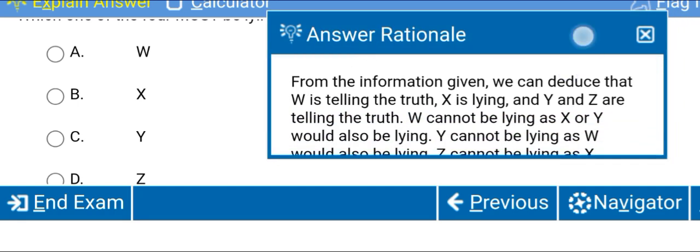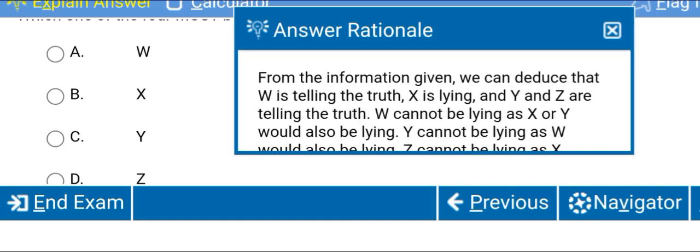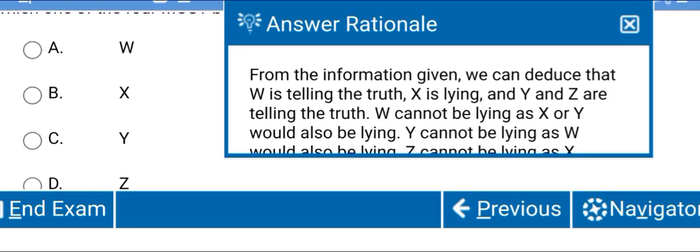From the information given, we can deduce that W is telling the truth, X is lying, and Y and Z are telling the truth. W cannot be lying as X or Y would also be lying.